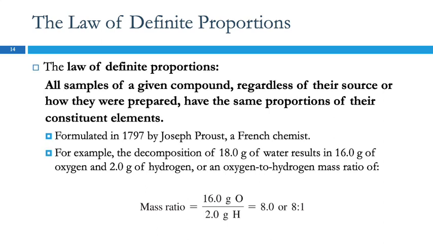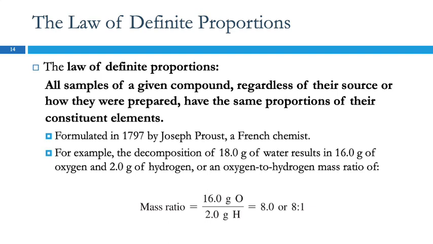What this means is if you take a compound and decompose it into its elements and find the ratio by mass, that ratio is going to be the same regardless of where the compound came from, regardless of whether it was naturally occurring vitamin C or vitamin C that was made in the laboratory. That molecule is exactly the same. And so this comes from 1797.